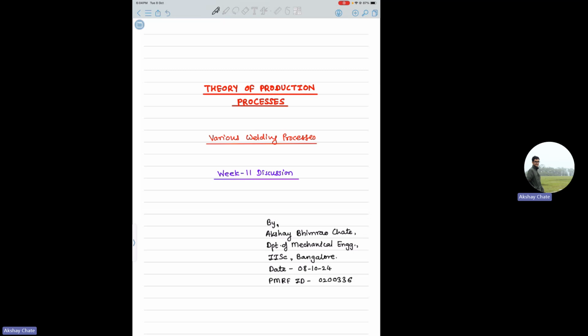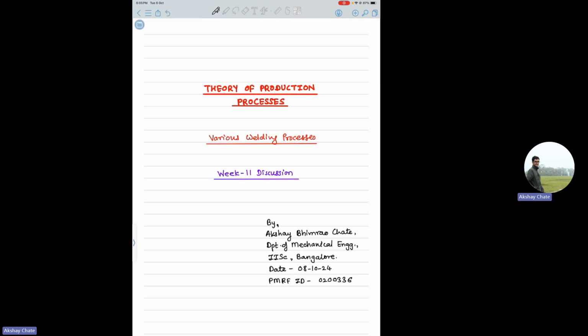You have to remember the different types of shrinkages: longitudinal, transverse, angular, then longitudinal distortion, which is also called bowing or bending, rotational distortion, buckling, and twisting. This was also discussed by the professor in the class in detail. So I'm just giving you the broad idea about it, because today I'm thinking we'll discuss something else apart from what was studied or told.